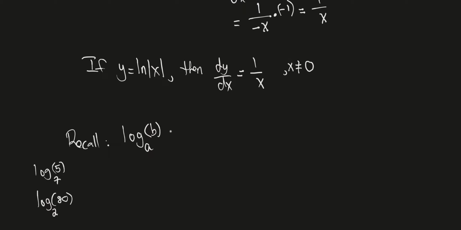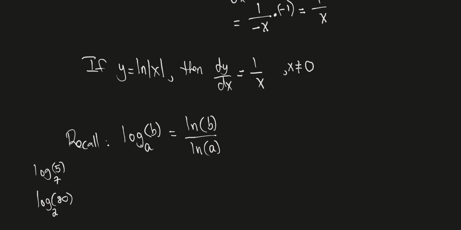Well, what you can do is you can change from base 7 or base 2, and you can convert it to the most commonly used base, which is your natural logarithm, your base e. And this is what it looks like. To change this to base e, you take the natural log of the quantity that you're trying to find and then divide it by the natural log of the base that you were working in, right?